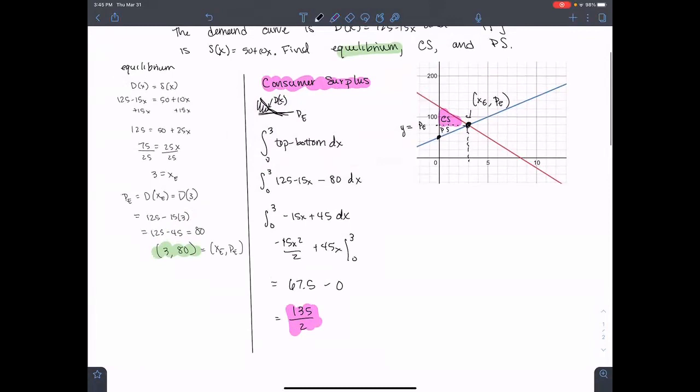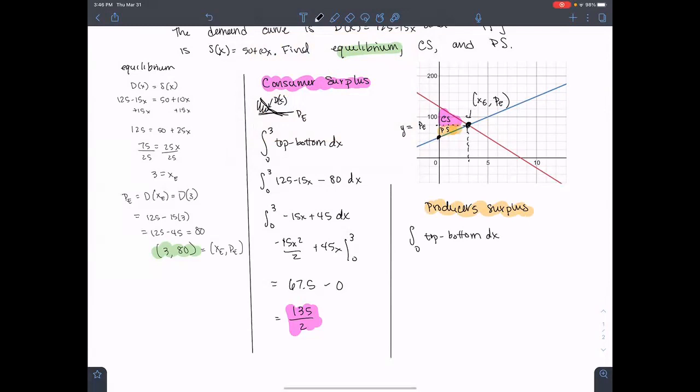All right, and then let's do producer surplus over here. So the producer surplus is going to be this area. So we're going to do, again, the integral of top minus bottom of that piece.